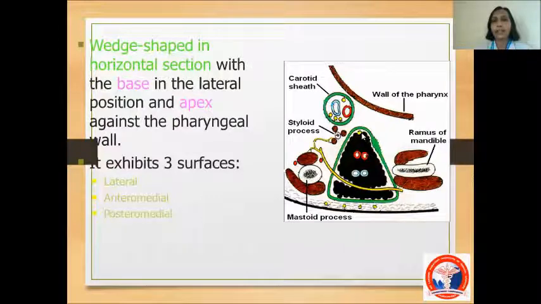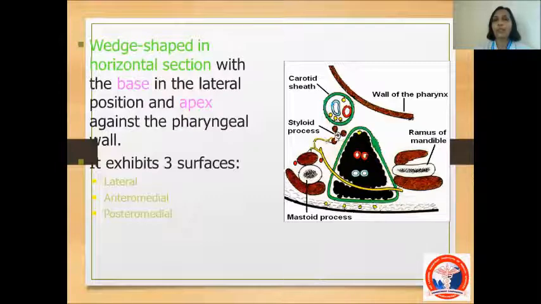We can see here that the parotid gland is related to the carotid sheath and the wall of the pharynx on the deeper surface. Anteriorly, it is related to the ramus of mandible and the muscles which are attached to it.